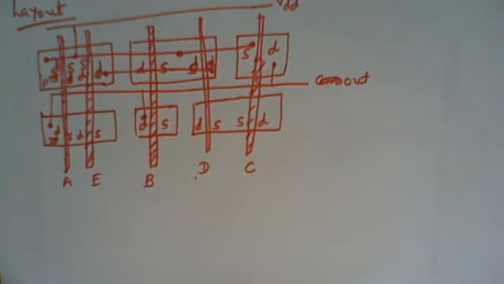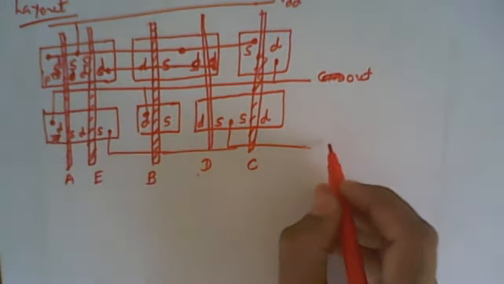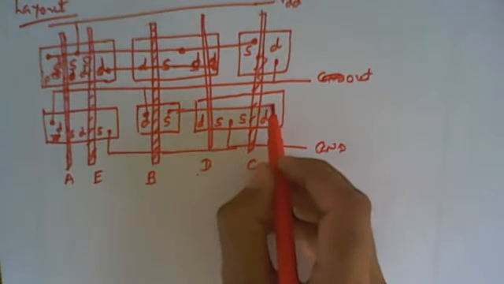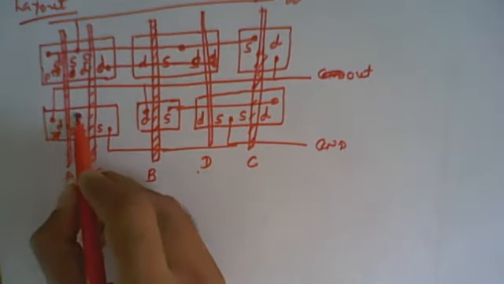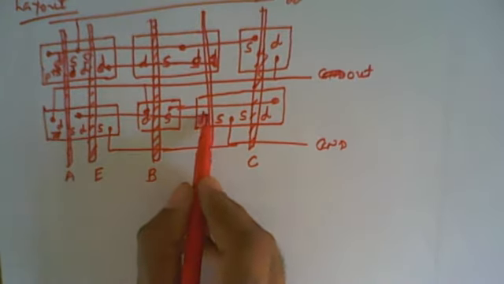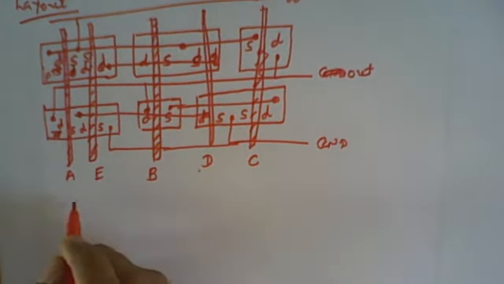Then the ground is connected with the source of E and source of B and C. Here we have connected the ground. Then source of B and the drain of C are connected. Source of B for N MOSFET, and the source and drain of E is connected with the drain of D. Drain of D.